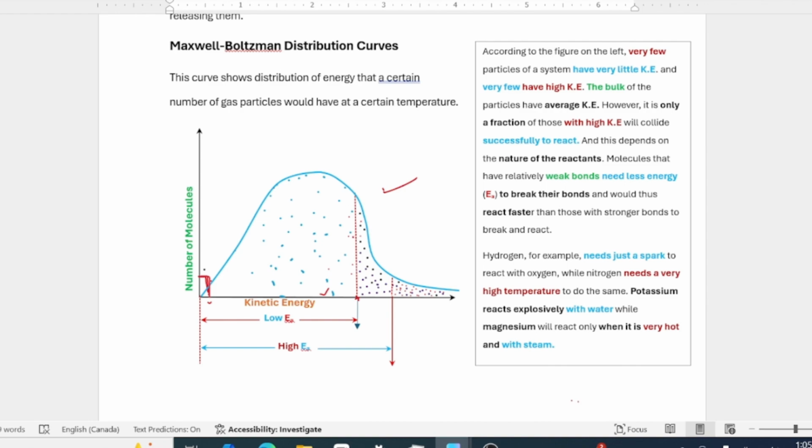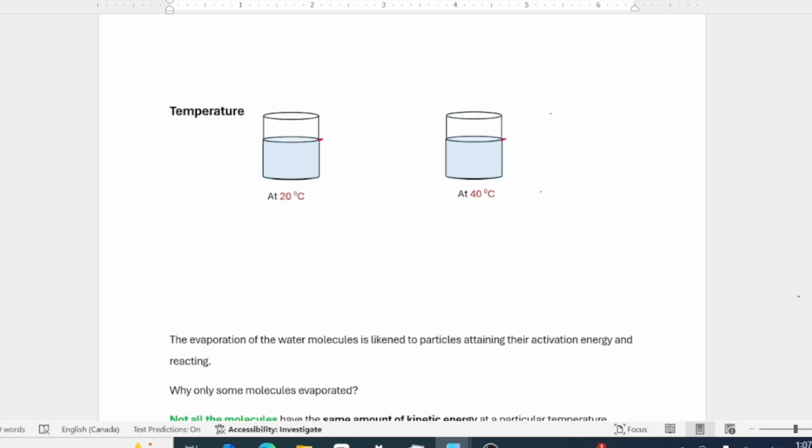On the other hand, molecules with strong bonds will need a higher energy of activation, and as such they will need higher kinetic energy to react. So if this is the energy of activation for one set of molecules, then only these molecules shaded in this area here would be capable of reacting.